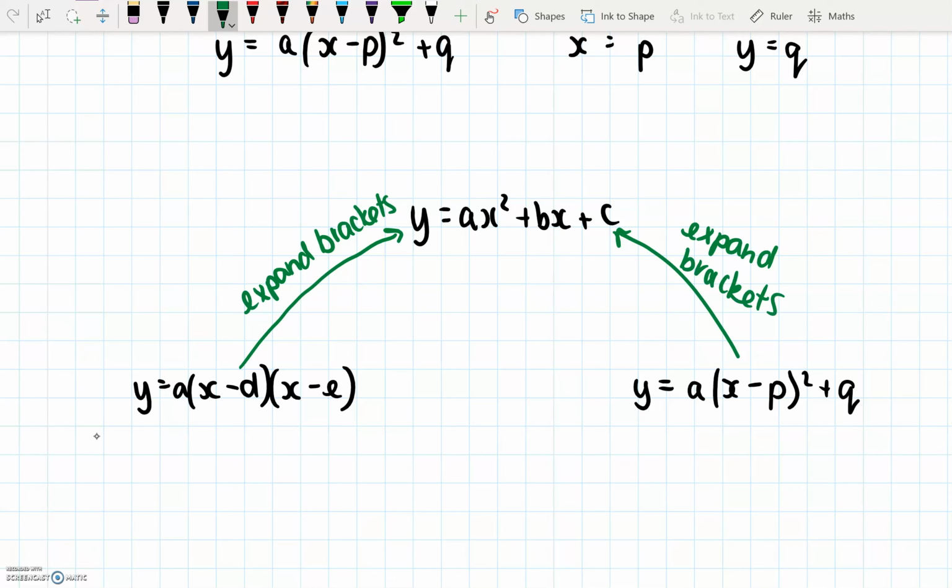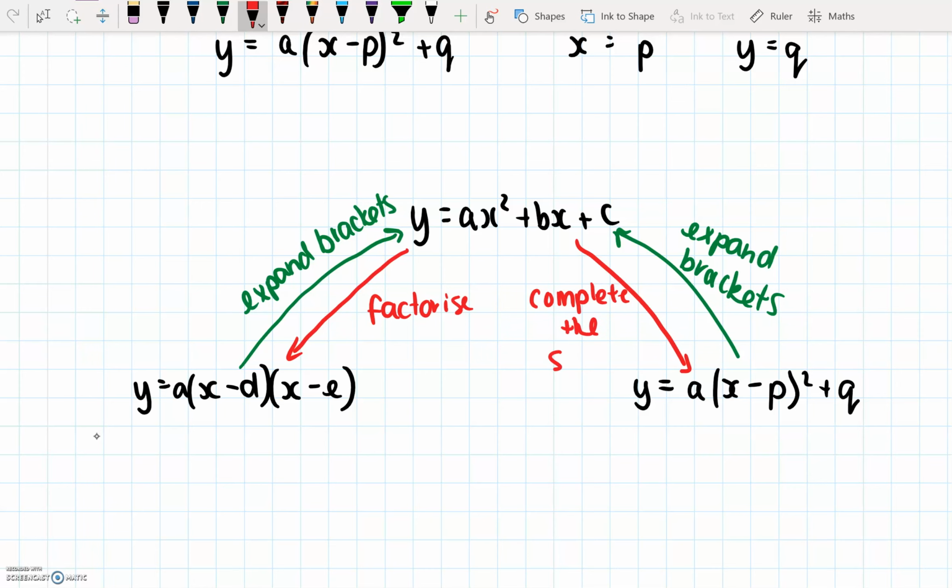Okay, if you want to go from the ax^2 + bx + c to this form, then you need to factorize. If you want to go from ax^2 + bx + c to this form, then you need to complete the square.